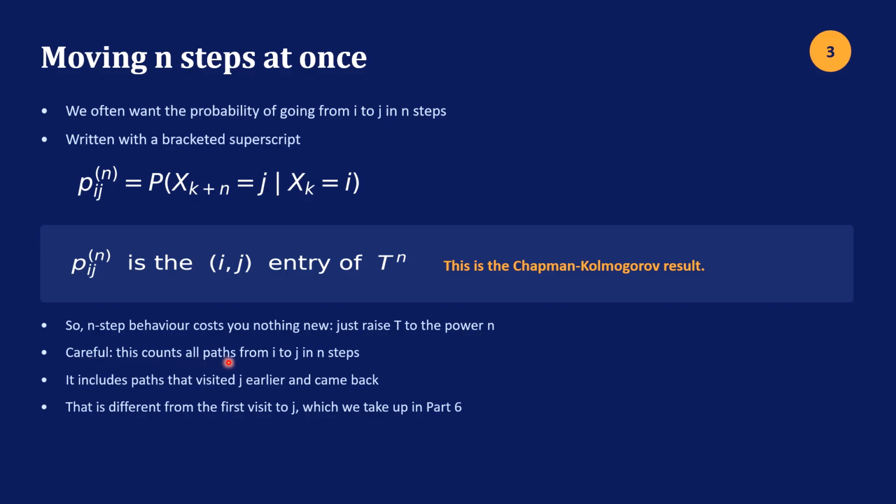This counts all paths from i to j in n steps. So why am I saying you need to be careful? Let's take n to be 50. You could go from state i to state j at the 10th step, and maybe at the 35th step, and at the 50th step.